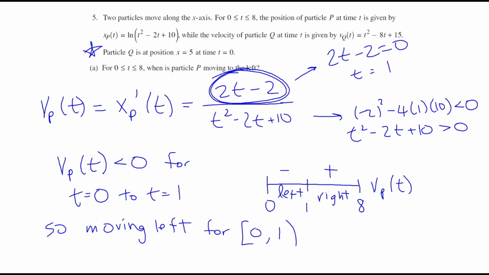And we'll put the 0 in a bracket because that velocity is still negative at 0. But at 1, it's equal to 0, so we'll put that one in a parenthesis. And you got 2 points here, 1 for correctly finding the derivative, and 1 for an answer with your reasoning.